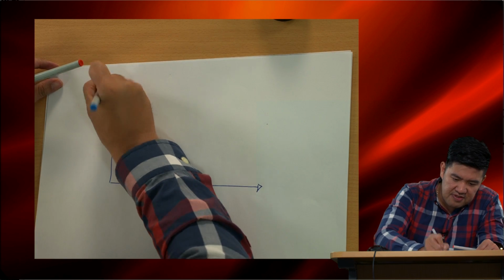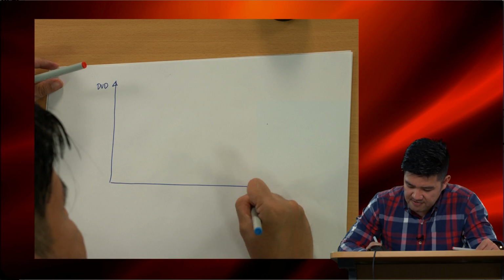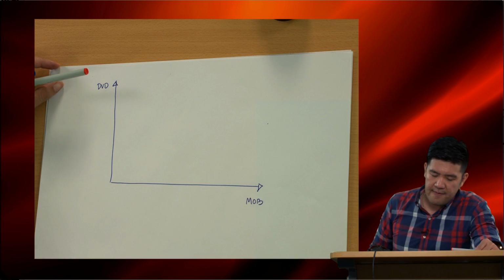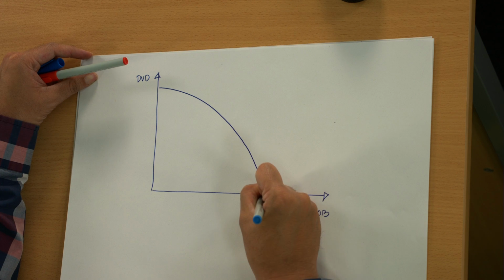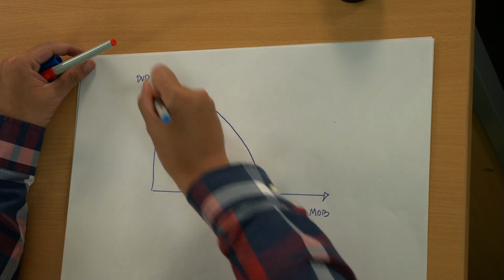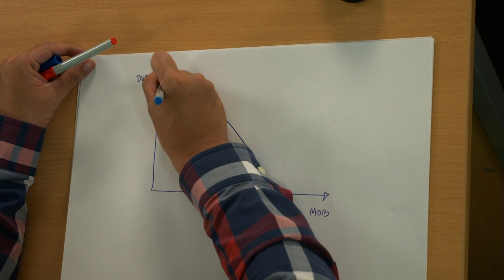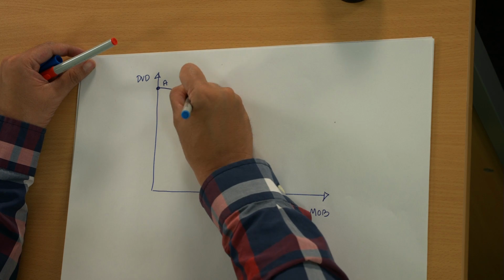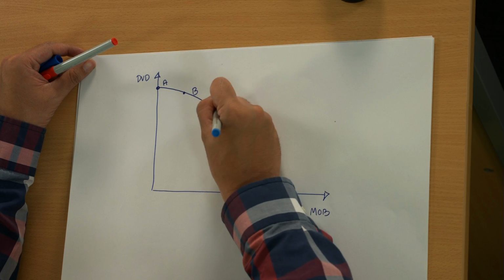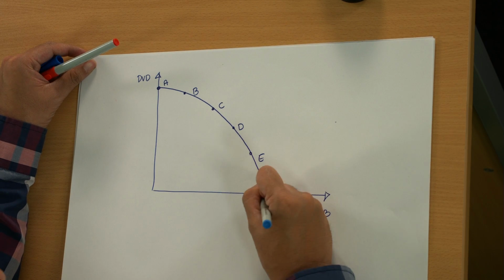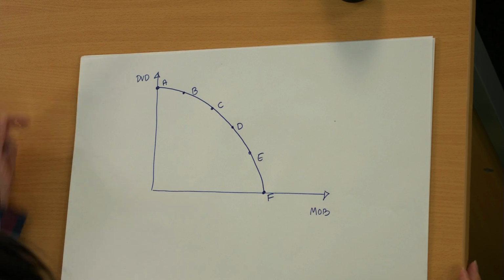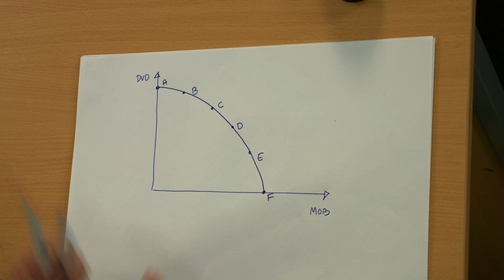Production of 2 goods, DVD or mobile phone, okay? This is your PPF curve. These are the different combinations of goods and services that you can produce. All right?